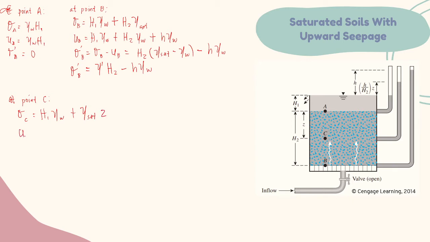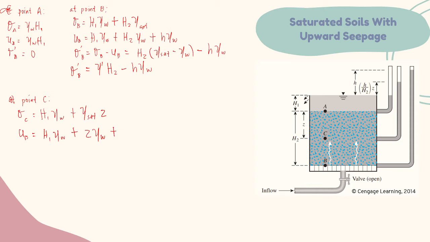So for the pore water pressure, we have H sub 1 times the unit weight of water plus Z times the unit weight of water, and we'll have to do some ratio here.